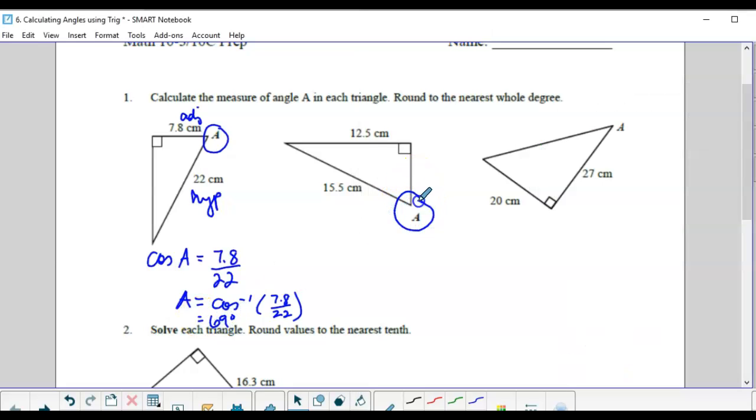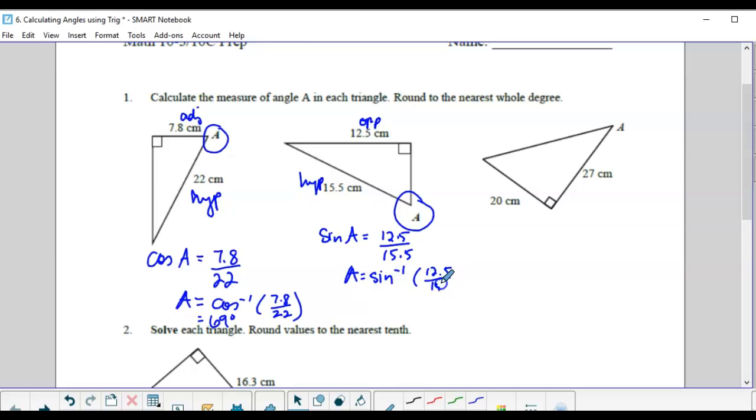Next one, compared to A, we have opposite and hypotenuse, so that's sine. So sine of A is 12.5 over 15.5. So A is sine inverse of 12.5 over 15.5.